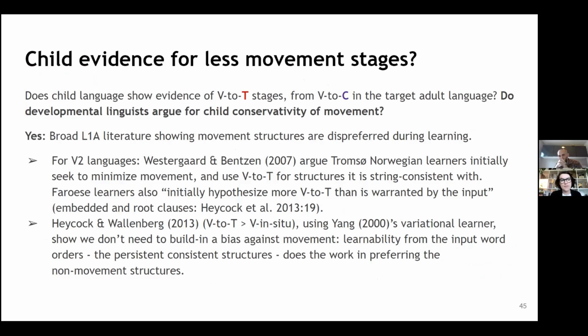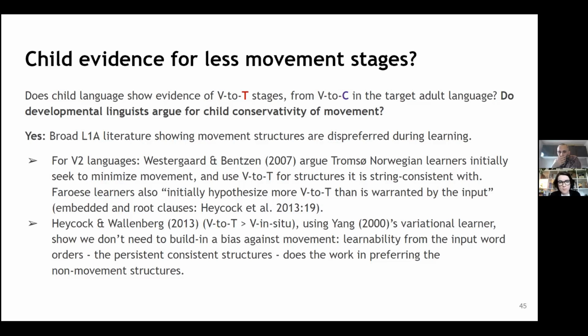Along the learning path for V2 languages of most relevance for us, Vestergaard and Benson, 2007, argue that Tromsø Norwegian learners initially seek to minimize movement and use V to T structures, for structures it is string consistent with, and persistently do so. And then Faroese learners also initially hypothesize more V to T than is warranted by the input.